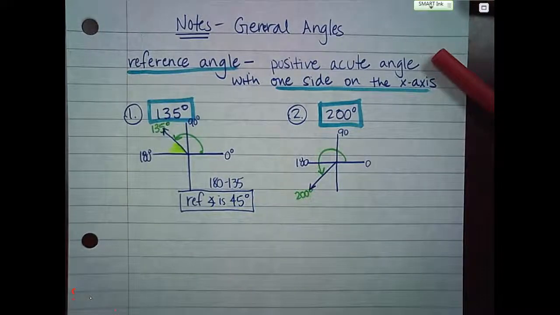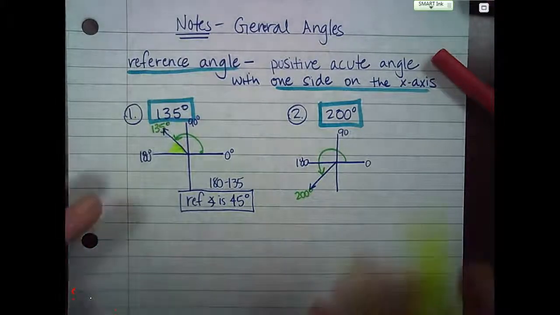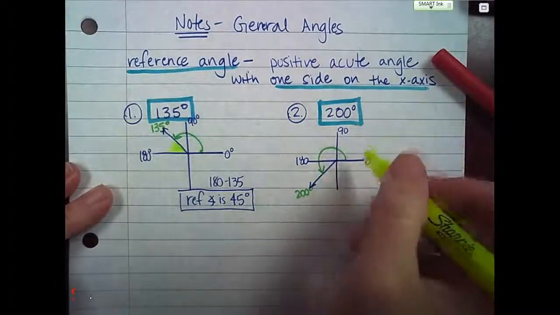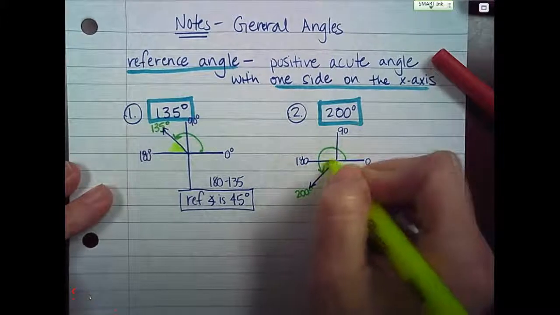But then you're going to have to decide where's your reference angle at. What was the hint I gave you? It's an acute angle, and it always touches the x-axis. So put your finger on where you think you're going to shade. Just guess. Now then, think about it. If this is part of my angle, okay, and it has to touch the x-axis, it's this angle here.